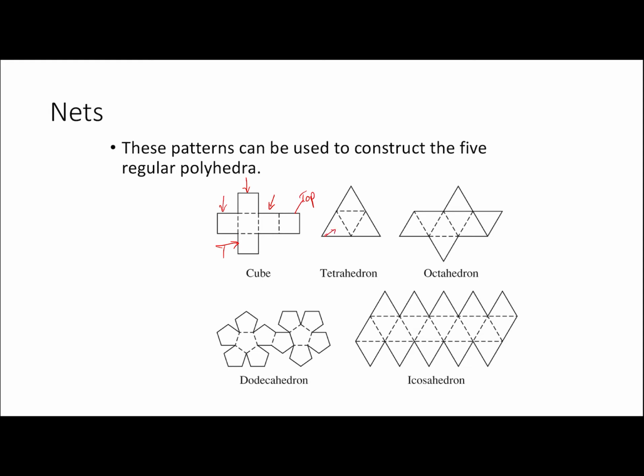So you can kind of picture how that would work, right? In the tetrahedron, this triangle with the dotted lines would be your base. And then you would take this one and fold it up, and this one and fold it up, and this one and fold it up. And all of those points would meet at the apex, that point of the pyramid.